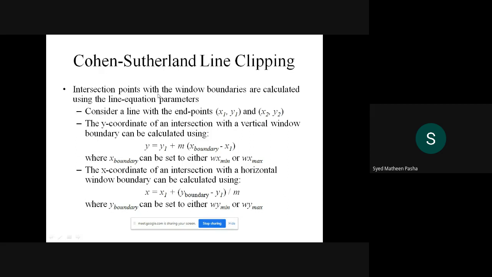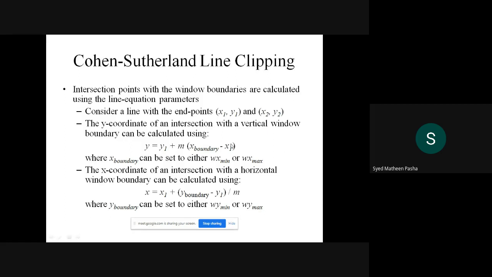If intersection points with the window boundaries are calculated using line equations, that is x1 y1 x2 y2, then with respect to the x coordinate of an intersection, you get this boundary equation, where I can define x boundary, which is set to the minimum or maximum coordinates. This equation applies when you are working with the y coordinate, where you get the intersection.